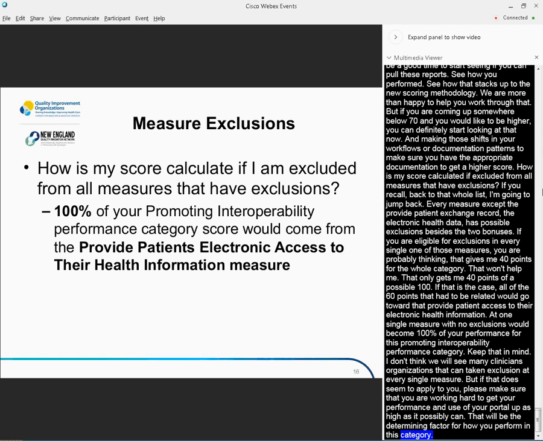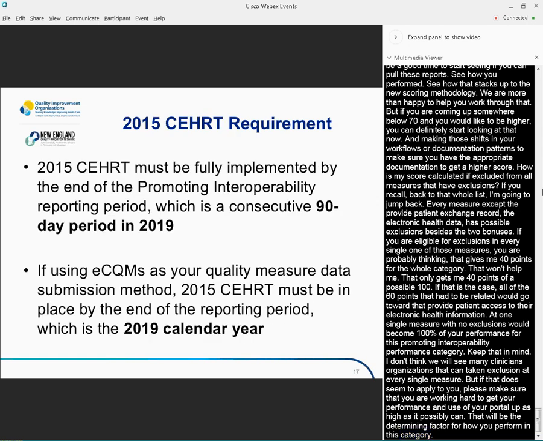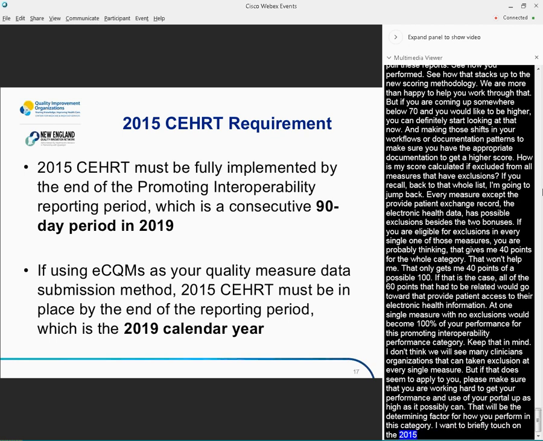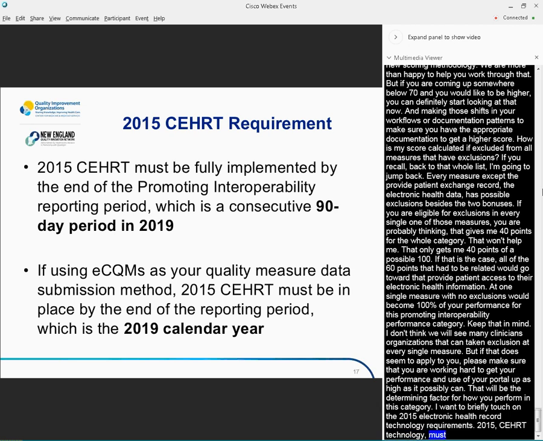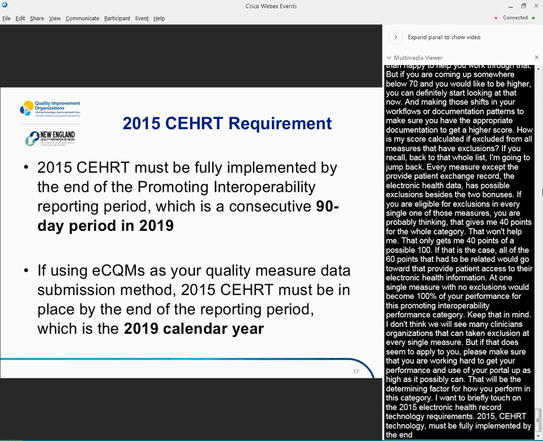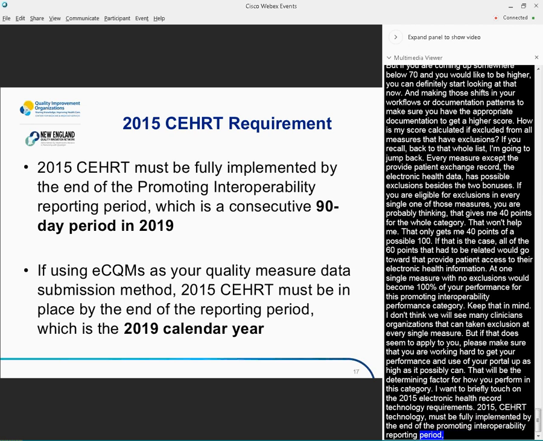Okay. So I just want to briefly touch on the 2015 electronic health record technology requirements. This is pretty key, and it's a little confusing. 2015 CEHRT, or Certified Electronic Health Record Technology, must be fully implemented by the end of the Promoting Interoperability performance category reporting period, which is a consecutive 90-day period in 2019.